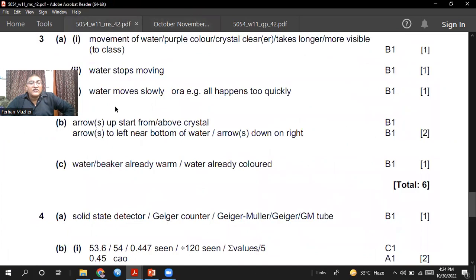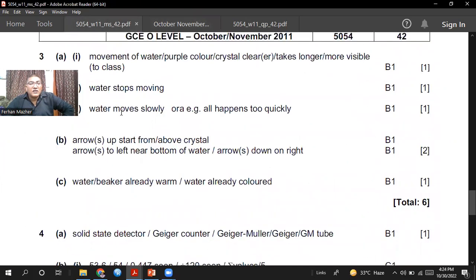Okay, so this is question number 3, B part. The marking scheme is showing up.